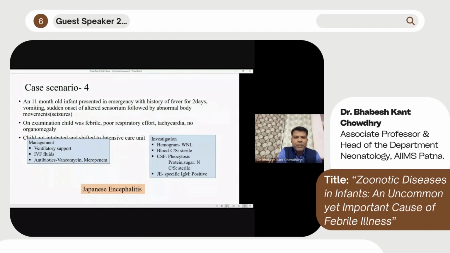But for prevention, a vaccine is there, and in Bihar and nearby it is available free of cost from the government. So this disease can be prevented by vaccination. That is the important thing. But for the management part, it is only supportive. There is no specific antibiotic or antiviral for this.